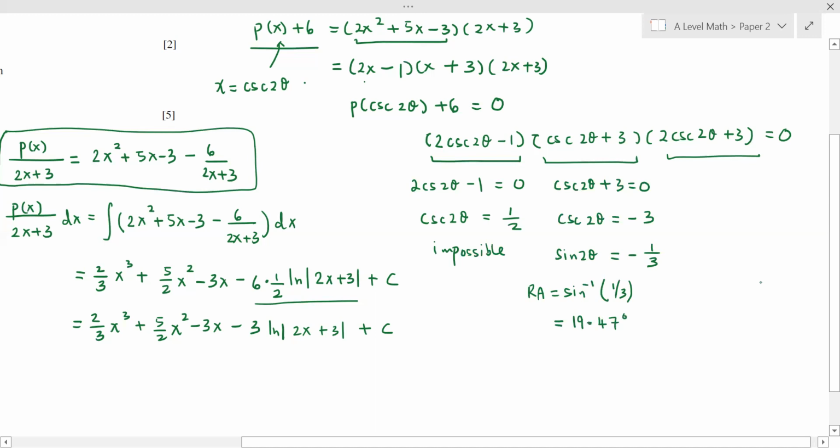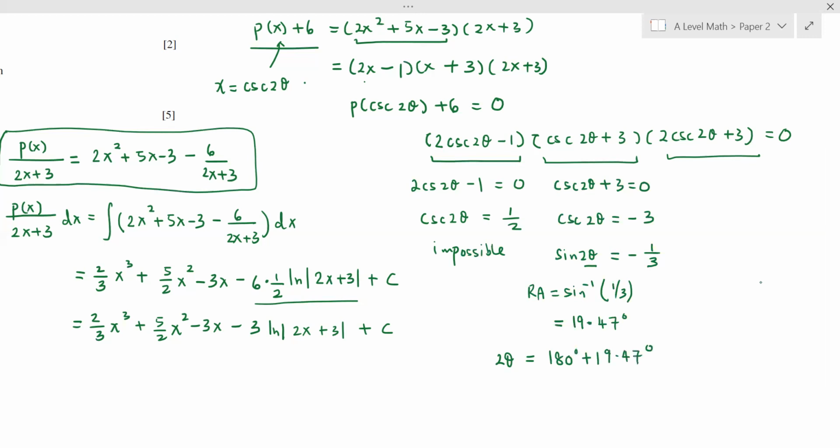Sine is negative in quadrant 3 or quadrant 4. Remember that your angle must be between 0 and 135 degrees. So we do not actually need quadrant 4. For a quadrant 3 angle, the argument 2 theta is 180 plus 19.47 degrees, and then we divide this result by 2.